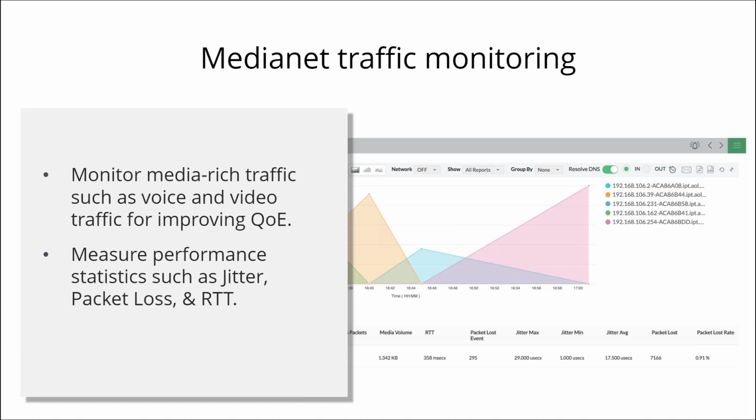So Cisco's Medianet technology allows you to check to see if there is a lag or any performance issues with the jitter, packet loss, or round trip time. So this is what our product does. You can analyze each application that uses rich media, and we can report the performance based on key features like the jitter, packet loss, response time, all of that.